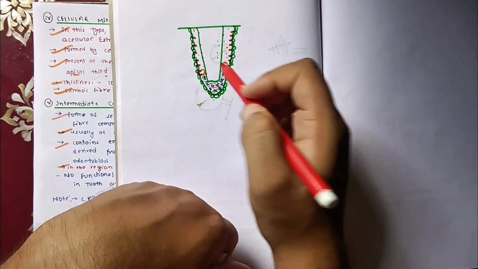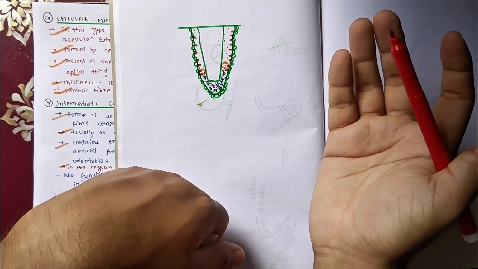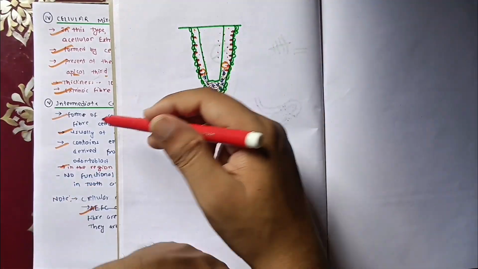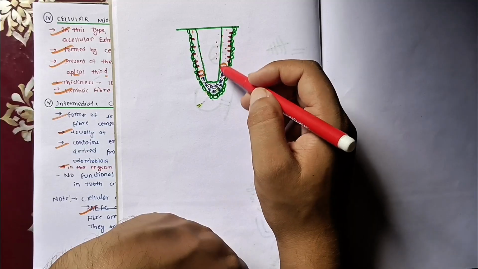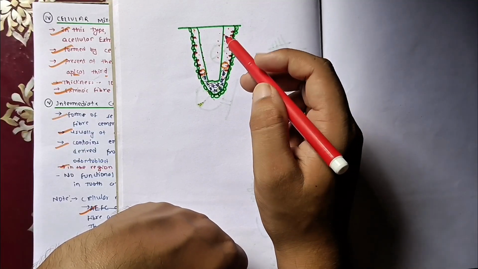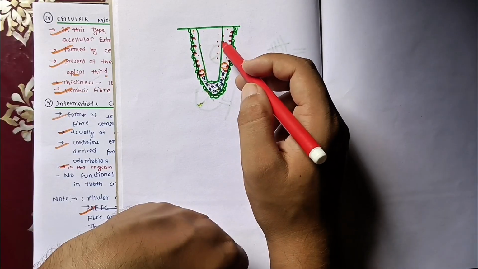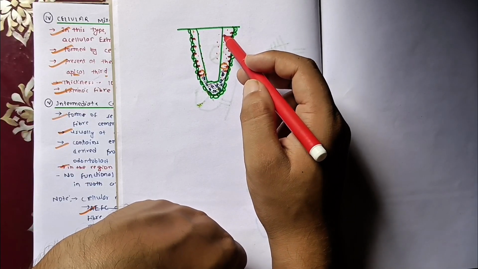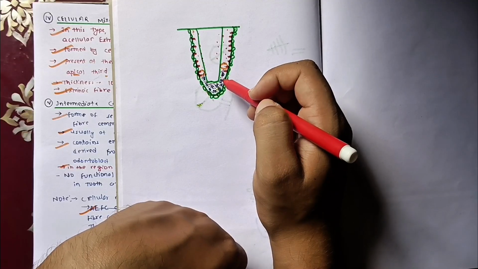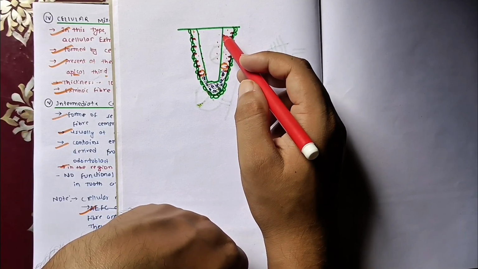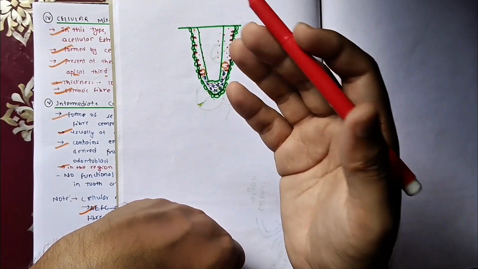We will be discussing this properly in the next video, but for now just remember the layer of the cementum that is present between the dentin and the cementum in the region of the cervical third to the apical third, that is the intermediate cementum, which we call the hyaline layer of Hopewell Smith.